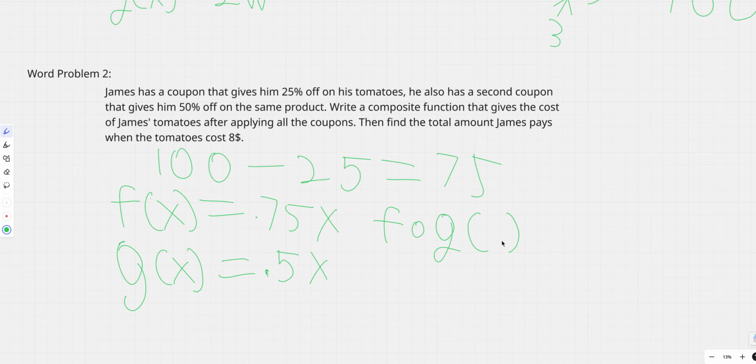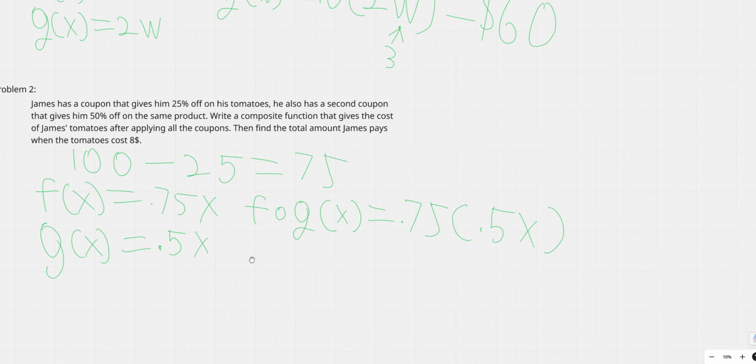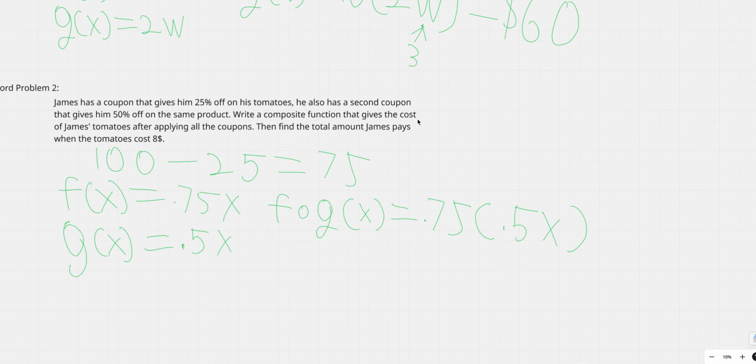So 0.75 times 0.5x. So this is the composite function of the cost, just applying all the coupons.